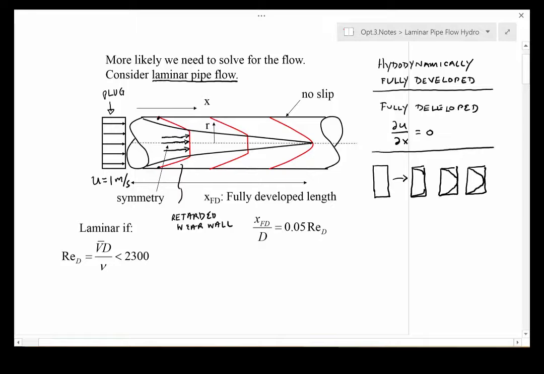Now, you can think about the distance over which the impact of the wall penetrates in terms of delta, which we might consider some sort of diffusion length scale. So there's some region over which diffusion matters, and that diffusion affects the evolution of the flow. We talked about diffusion in conduction as the process by which the boundary condition influences the temperatures inside. And we said that it looked like the square root of the thermal diffusivity times the time.